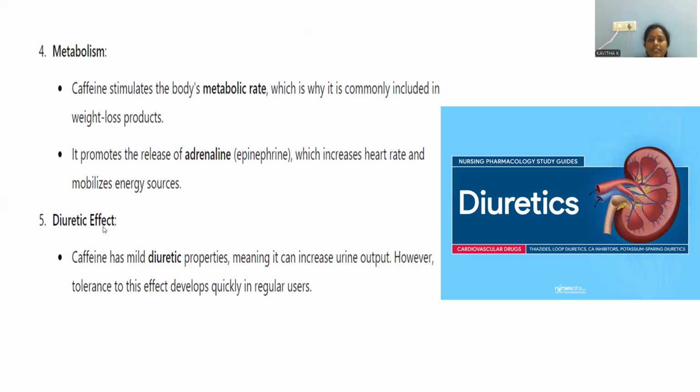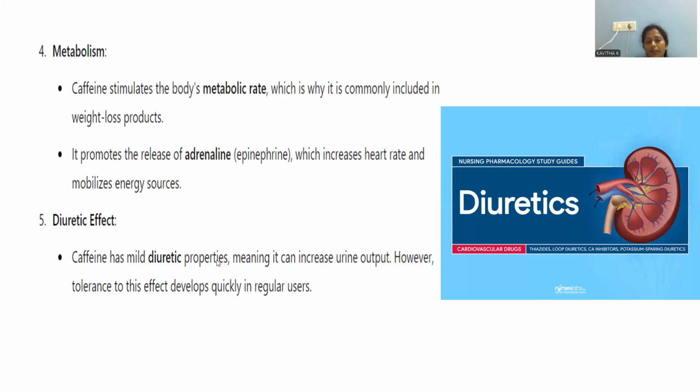And next is the diuretic effect. Diuretics are substances which work upon the proper functioning of the kidney. Caffeine has mild diuretic properties, meaning it can increase the urine output. Proper dialysis by the natural filtration device called the kidneys can be easily carried out by the consumption of caffeine. It has a mild effect, a little effect, but it has its own impact on this diuretic property.